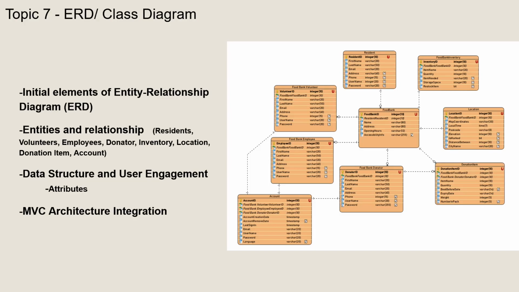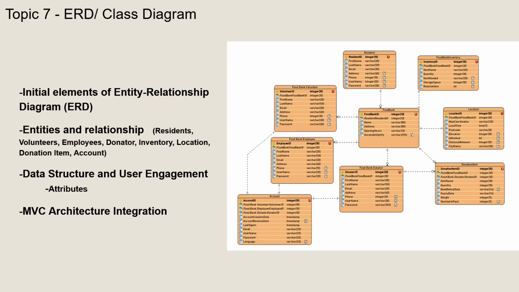Food bank to volunteer is a one-to-many relationship, where the food bank can have many volunteers. For food bank to inventory, each food bank has a unique inventory. These are the relationships, and so on, 11 relationships within the system.